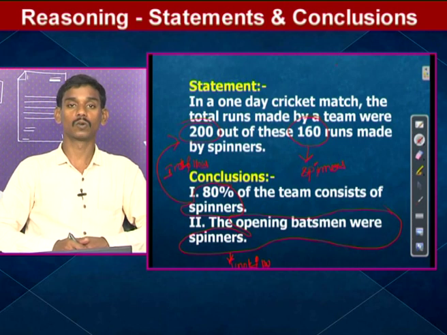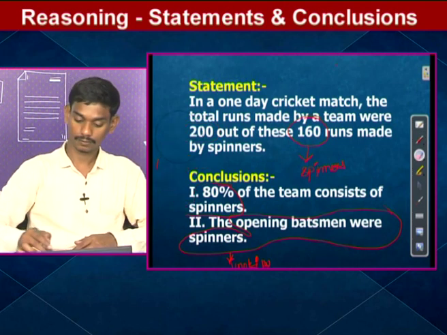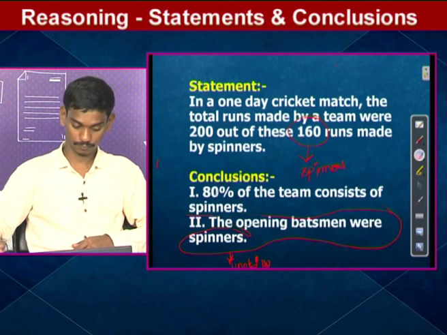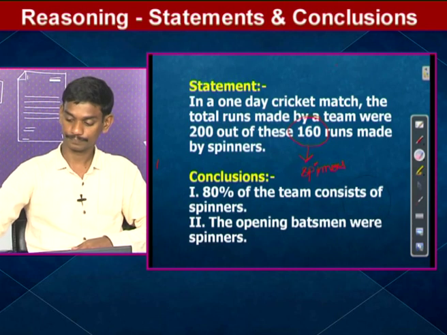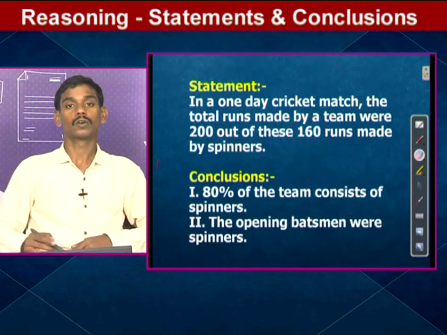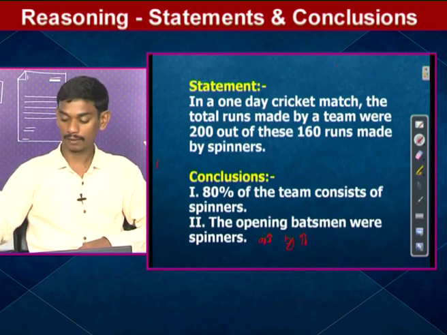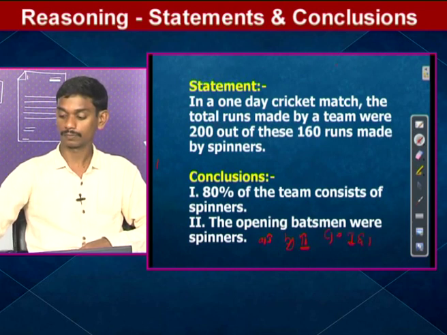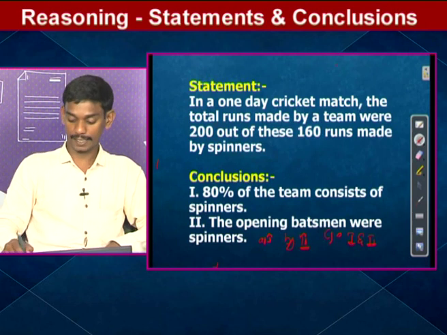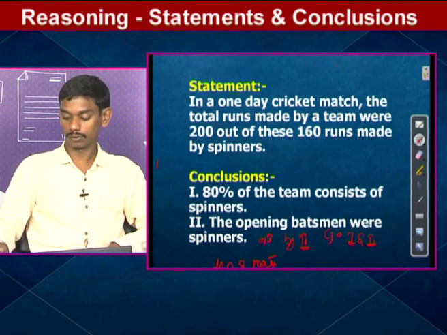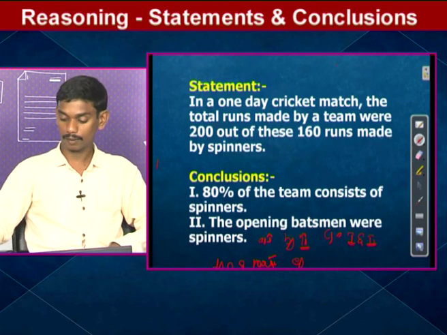Both 1 and 2 do not follow. Option A is 1 follows, option B 2 follows, option C either 1 or 2, option D neither 1 nor 2, option E both 1 and 2.